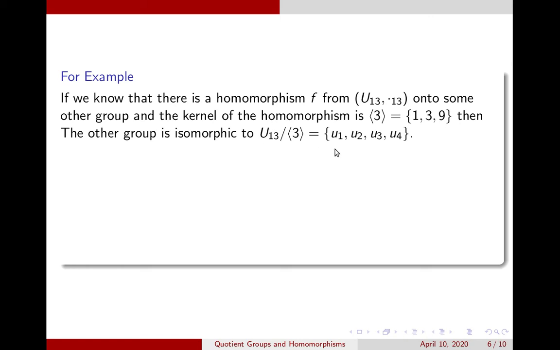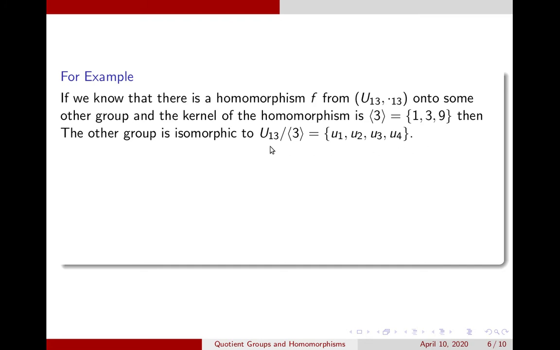So remember, it had 4 elements. U1 was the right coset determined by 1. U2, the right coset determined by 2. U3 was the right coset determined by 4, and so on.